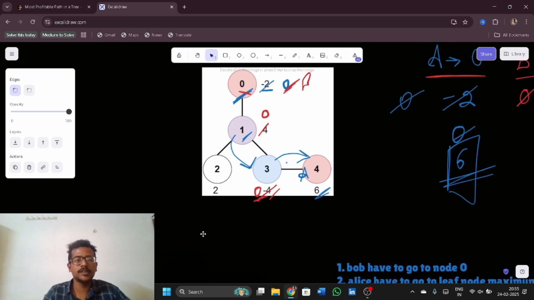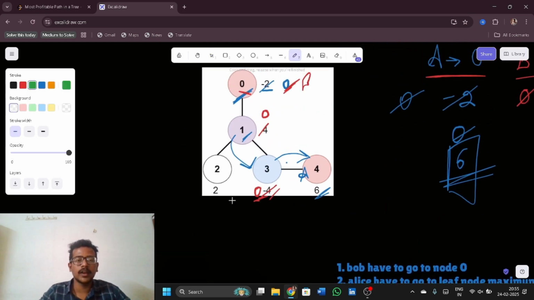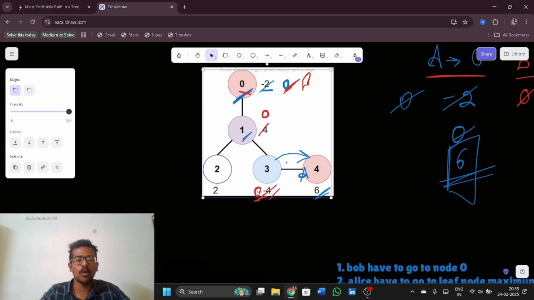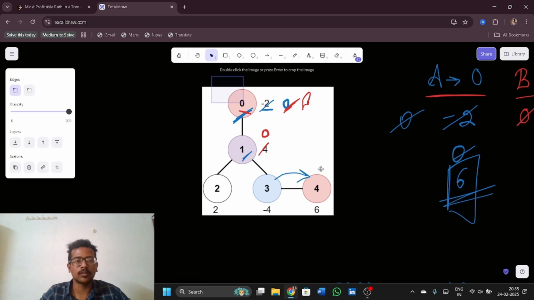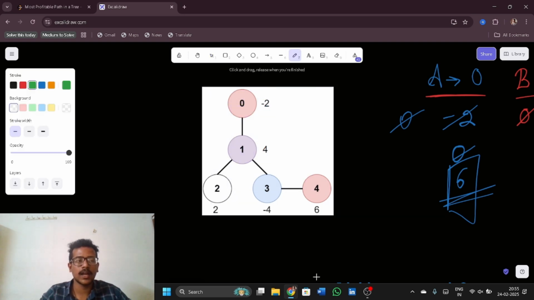Now let me say that here you have Alice at node 0 and Bob at node 3. Alice is at node 0 and Bob is at node 3.